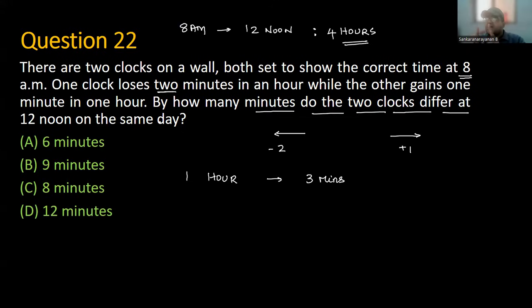So you can see that in 1 hour they differ by 3 minutes. Therefore, if you are considering 4 hours, they will differ by 3 into 4. That corresponds to 12 minutes. So we can see that here, option D, 12 minutes. This is going to be my final answer. Okay, 12 minutes is going to be my answer here.